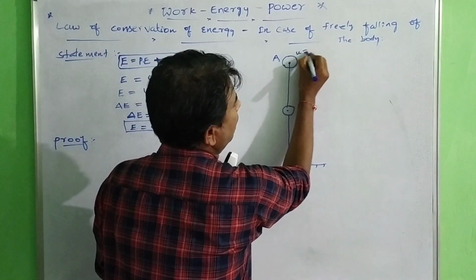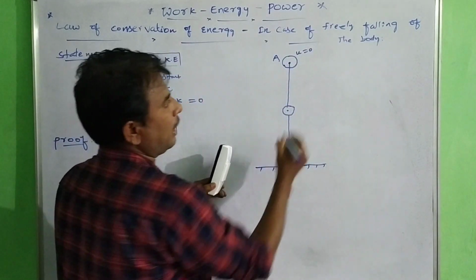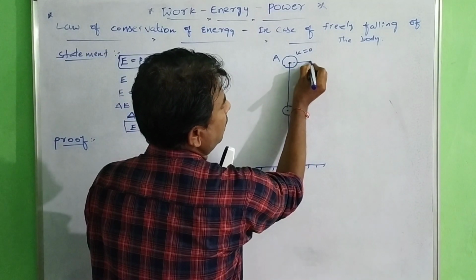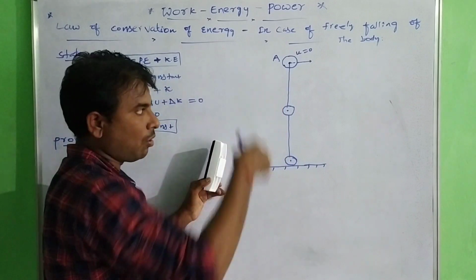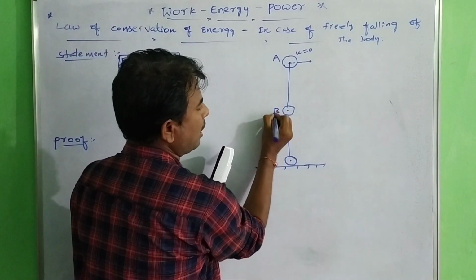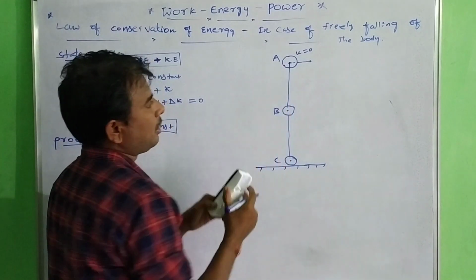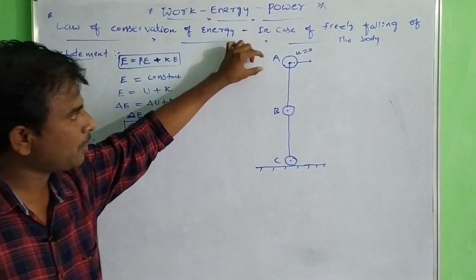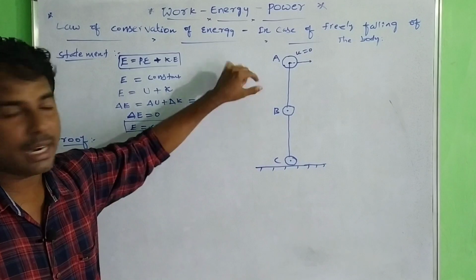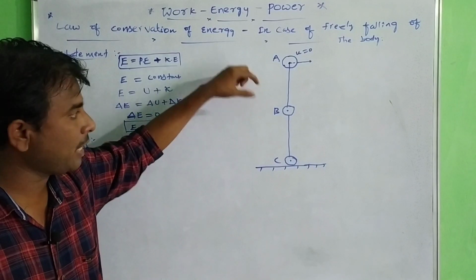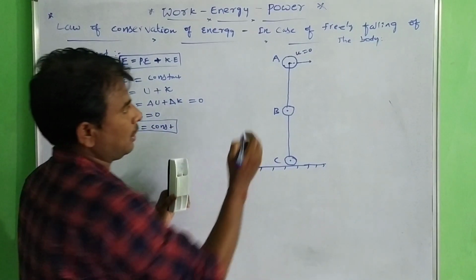The initial velocity of the body is taken to be 0, and gravity is always acting downwards at points B and C. Consider the distance between A and C to be the height h.